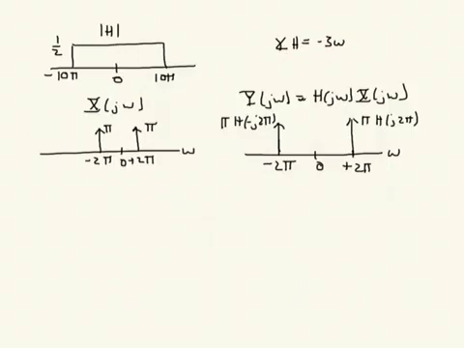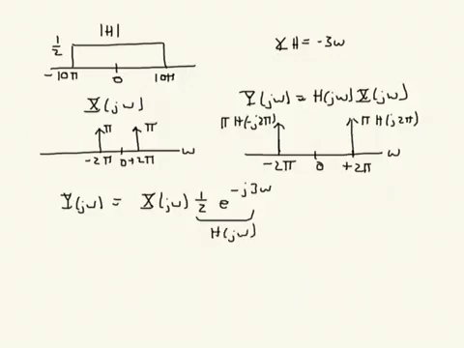So what we're really saying is that Y of j omega could be written as follows for this particular signal. It will be equal to X of j omega times the magnitude of H, 1/2, times the phase, which will be e to the minus j3 omega, right? That is the magnitude and phase. This right here is H of j omega.